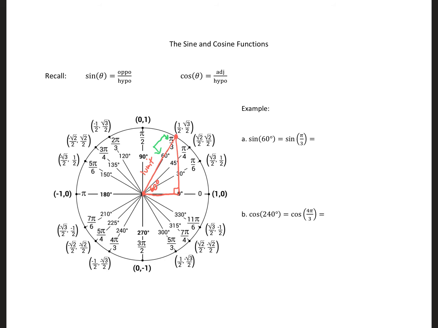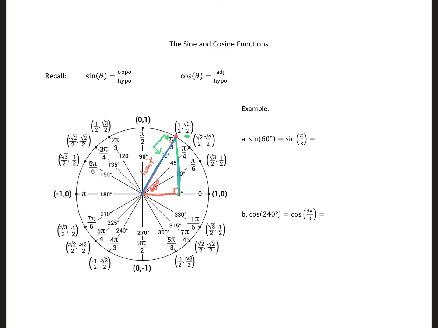So imagine if I wanted to find sine of that angle. Sine of that angle of 60 degrees would equal the opposite side over the hypotenuse. So let's talk about what that would actually be. The height of this side is the same thing as this y coordinate. Remember, y gives you the vertical height in the coordinate plane.